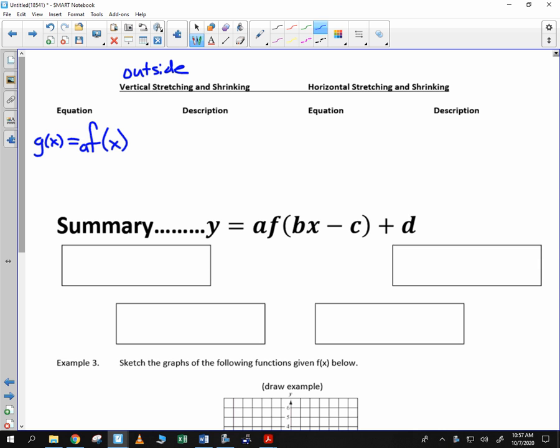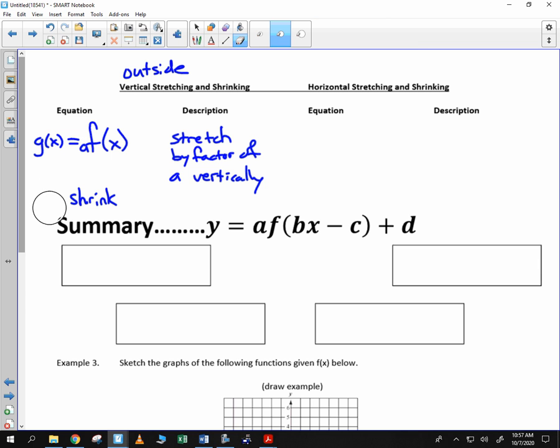It's a stretch by factor of a vertically. Now, if a was less than 1, it would be a shrink. I'm sorry, I didn't write that very well. If a is less than 1, it's a shrink. If a is greater than 1, then it's a stretch.